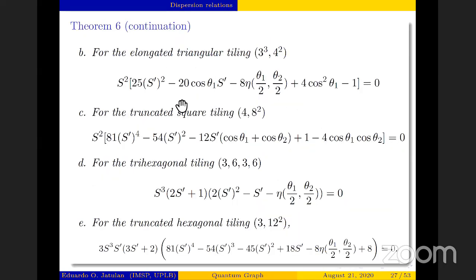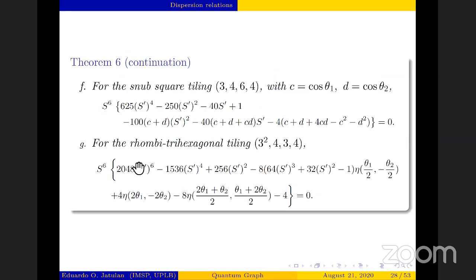We noticed that for mostly all of them, if the fundamental domain is a parallelogram, they have these given expressions, this eta. And this one, as we can see, is complicated. But the thing here is that they are functions of S prime.